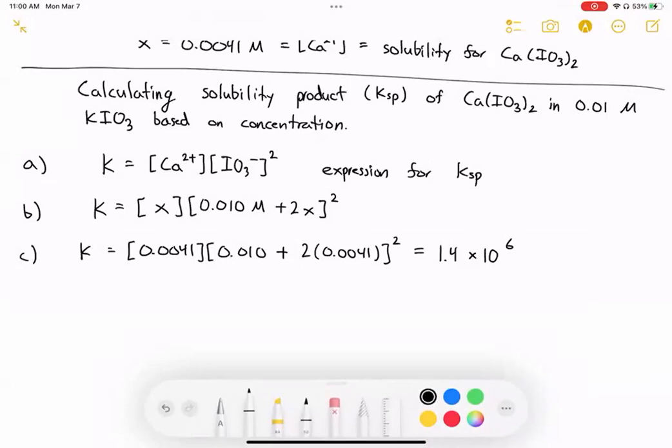So that value actually looks a lot closer than part 4, where we calculated it off by a factor of 2 orders of magnitude. So this is our answer here: 1.4 times 10 to the negative 6 as our Ksp.